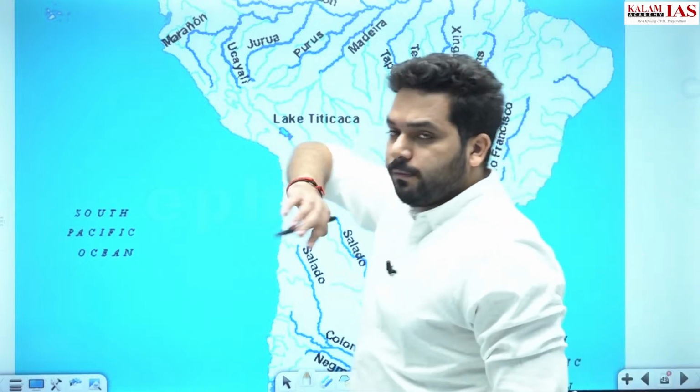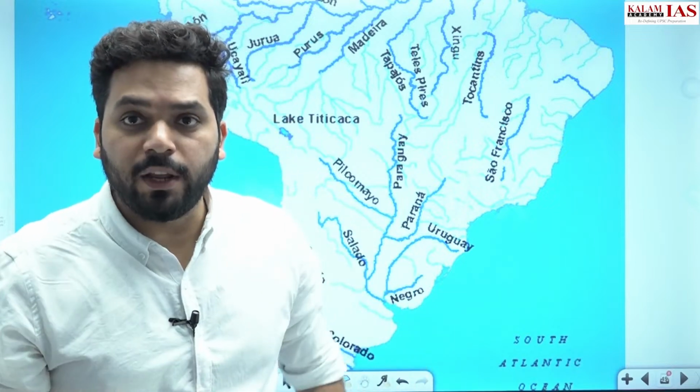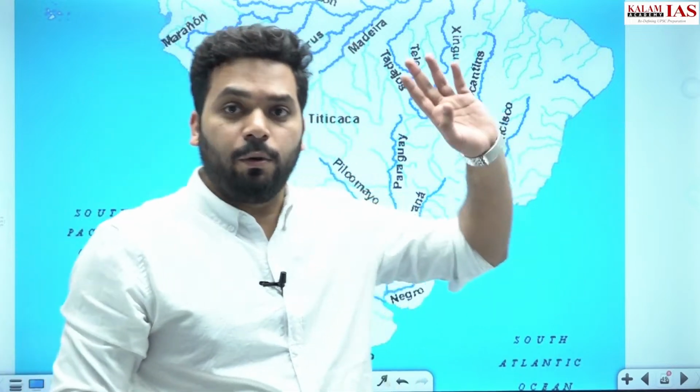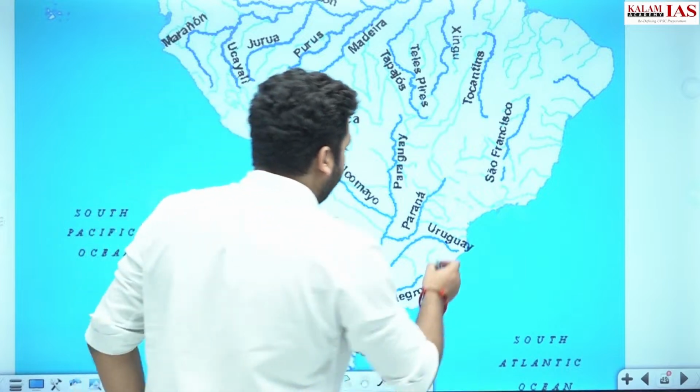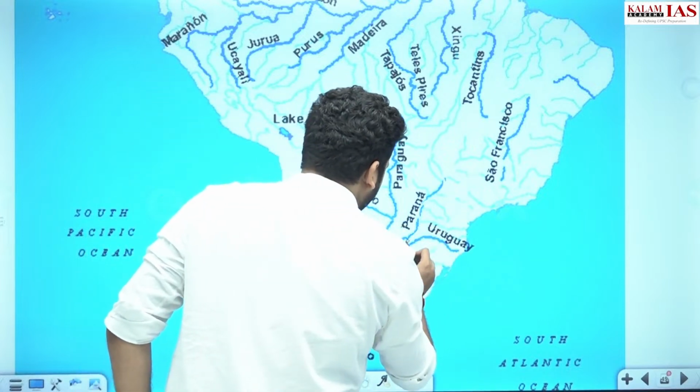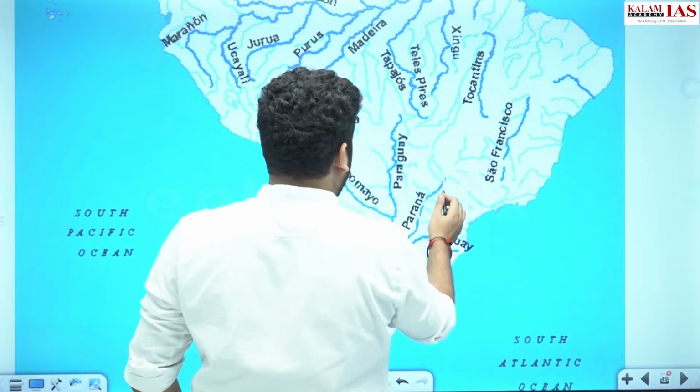We discussed River Amazon, Madeira River, which is the largest tributary, Orinoco River, and Angel Falls. Now, the third important river is River Parana. This is River Parana.